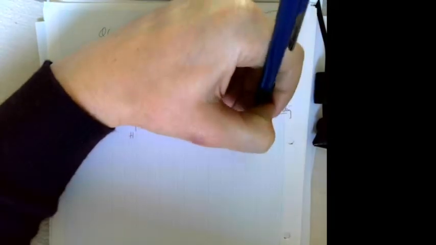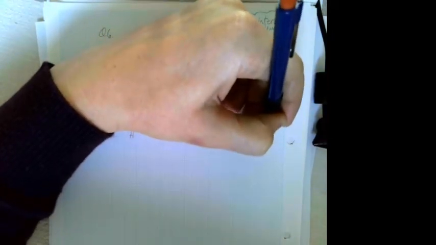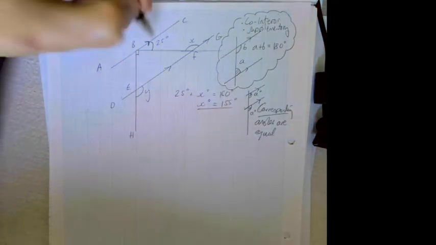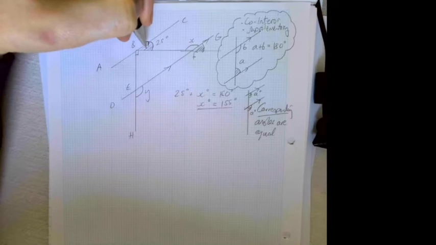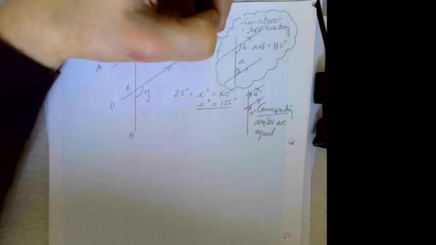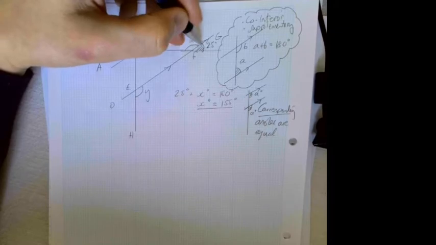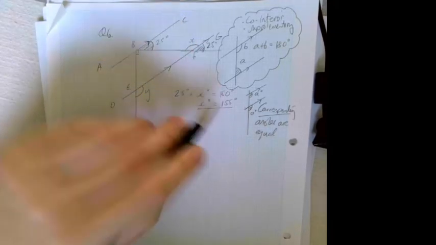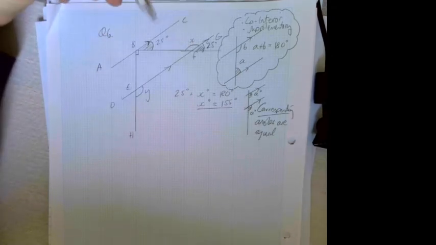So corresponding angles are equal. And if you spot this, that means that this angle and this angle here would both be corresponding. And so I could do 180 minus 25, which is actually the same calculation we'd be doing here, to get x that way as well.